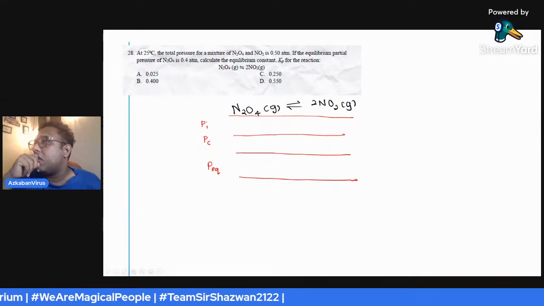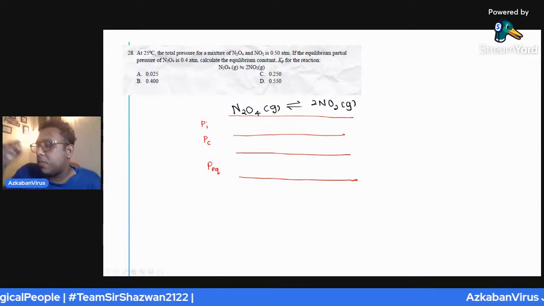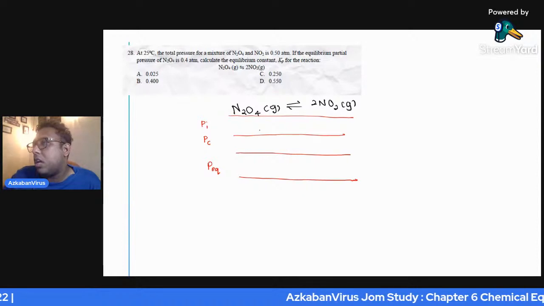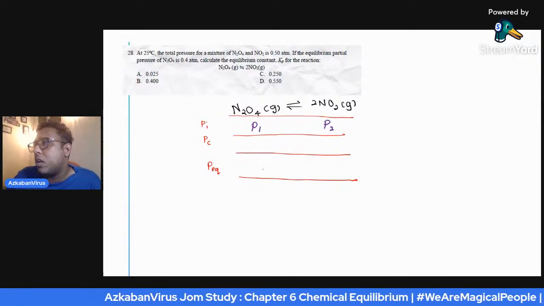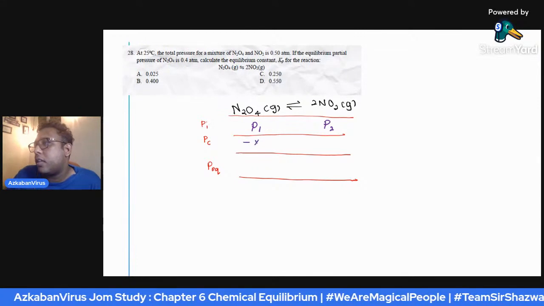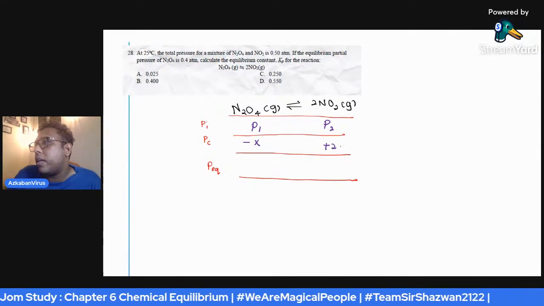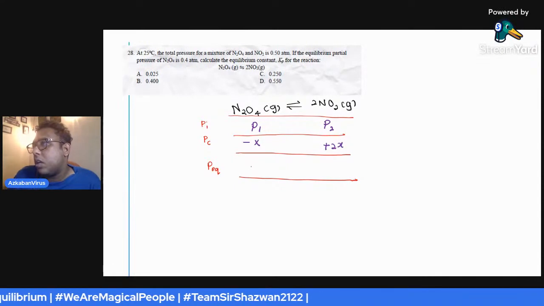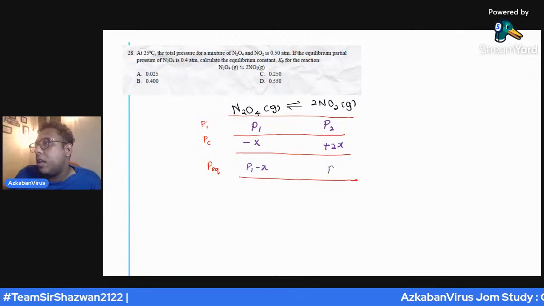Macam nak kira ni? So, ini adalah P1, kita tak tahu. Ini adalah P2. Tolak X tambah 2X. So, ini adalah P1 tolak X. Ini adalah P2 tambah 2X.